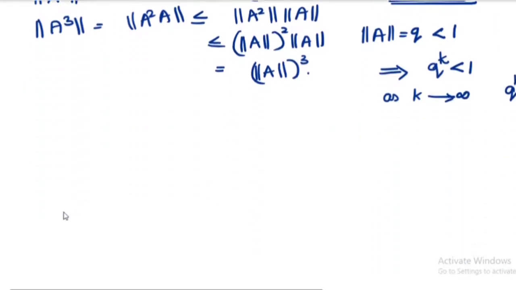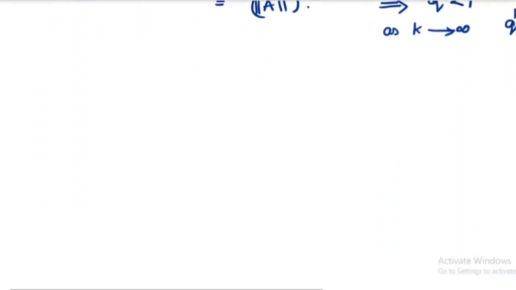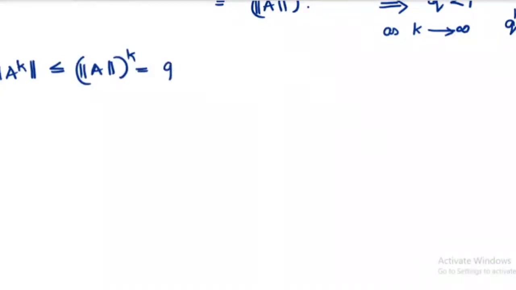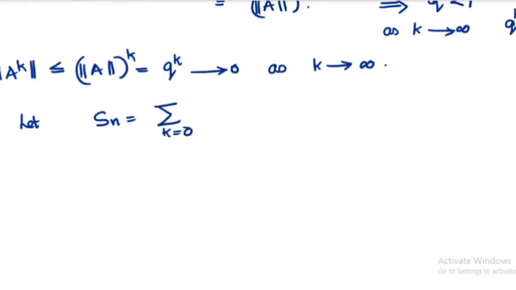So norm of A raised to k is less than or equal to norm of A whole raised to k, which is equal to q raised to k, and this tends to 0 as k tends to infinity. Now let Sn be the sum over k from 0 to n of A raised to k. Now we are going to prove Sn is a Cauchy sequence.